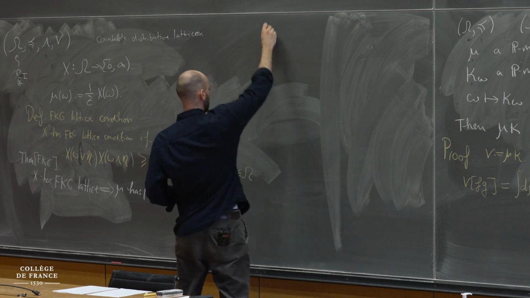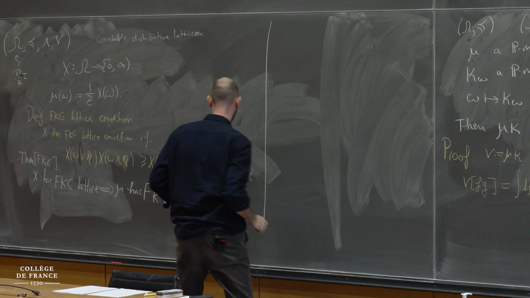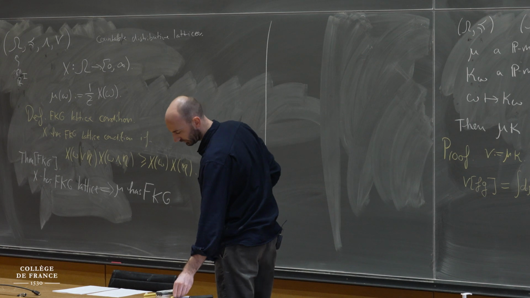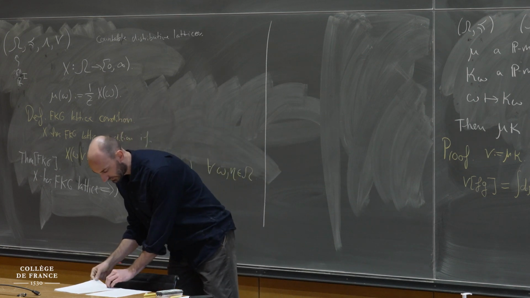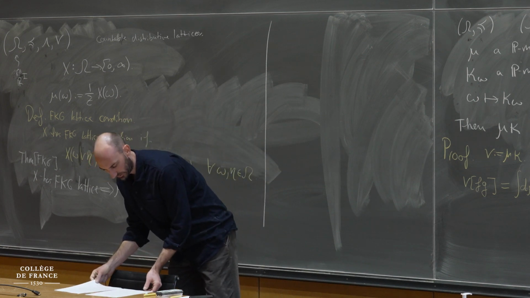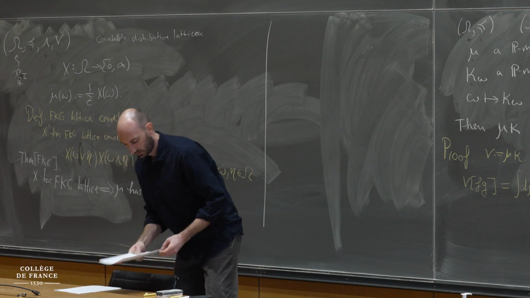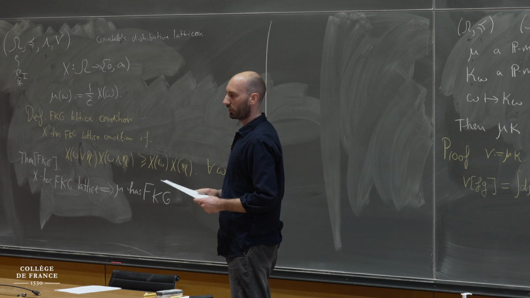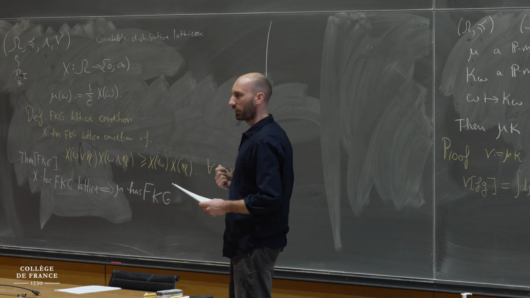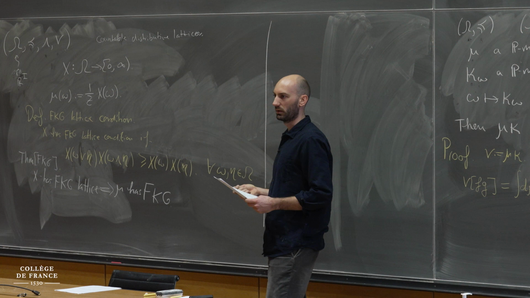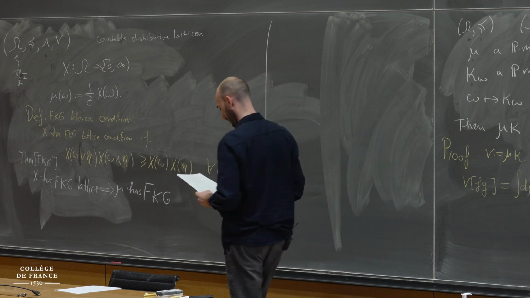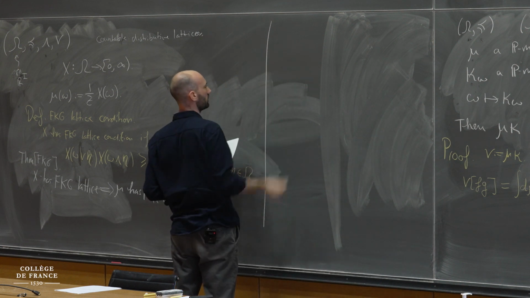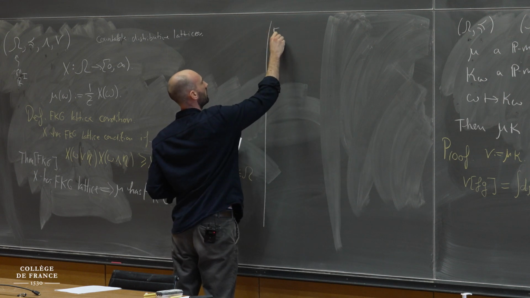So I think the simplest model that we all know is the Ising model. And of course, the Ising model has the FKG lattice condition. But I want to introduce not directly the Ising model, but first its coupling with another model. So this is called the Fortuin-Kasteleyn coupling.